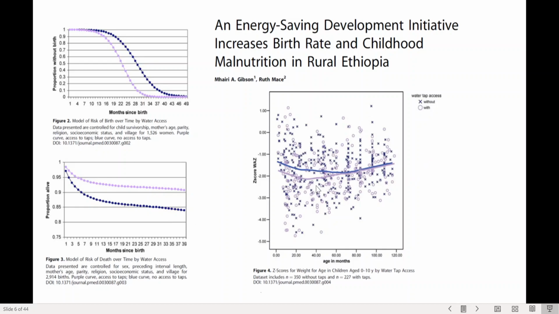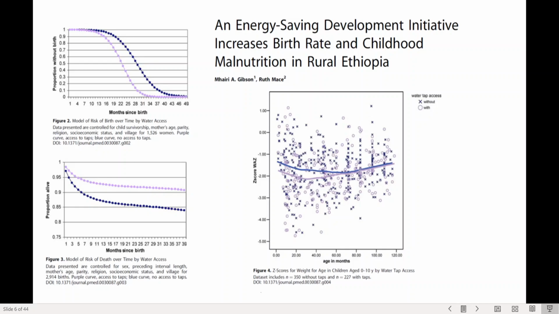But what you also see is, again here, the birth weight of these children. Having more kids with a higher frequency reduced the birth weight. So what happened was, it increased the birth rate and it increased malnutrition. So even though more children survived, the overall health status of these kids was lower.